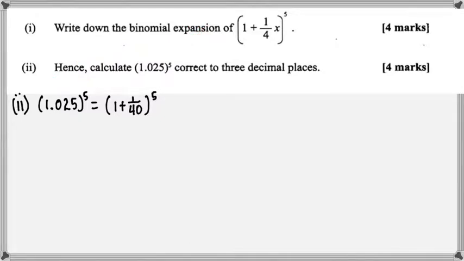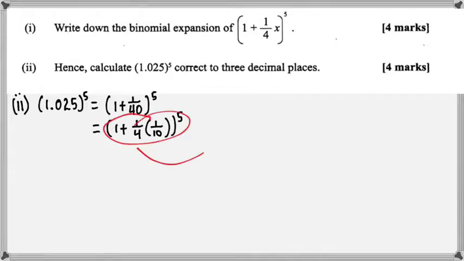So let's see how we could use that. You could see this is the same as a quarter times 1 on 10, so we could set it up to look like this. Isn't this the same thing that we had in part 1? Things are looking really nice here.